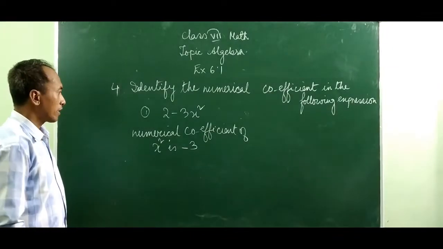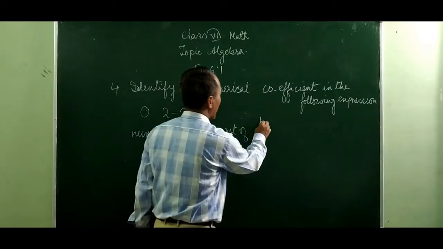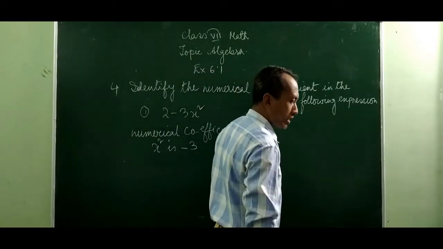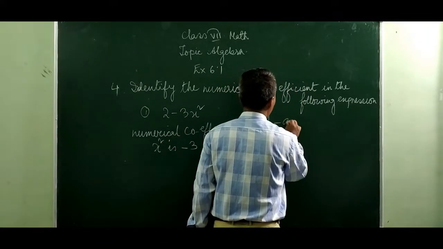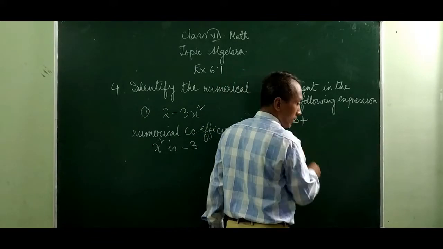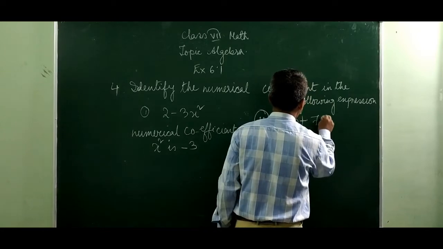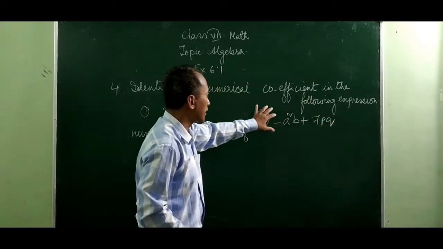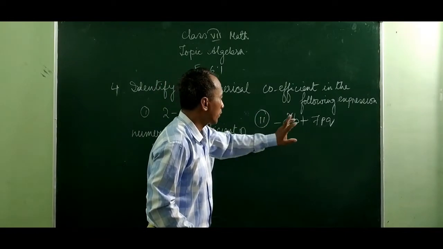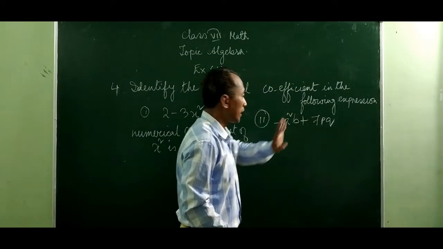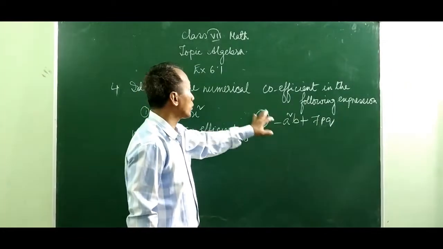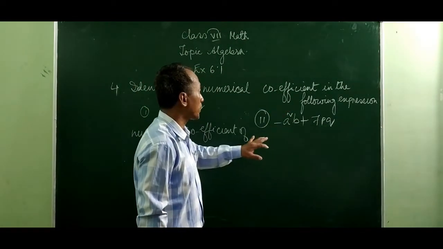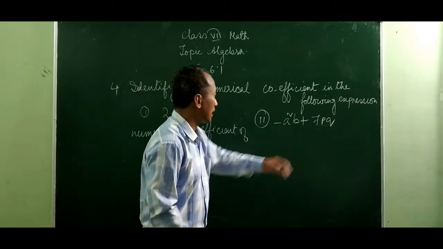Second question, let me give you another example. Second question is given minus a square b plus 7pq. So here there is no constant. A square b is also variable, pq is also variable. So you want to find out only the numerical coefficient of this expression.